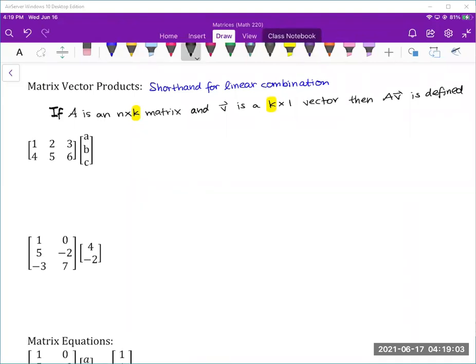What we do when we take a matrix vector product is we build a linear combination where each one of the entries of the vector become weights for the columns of the matrix.